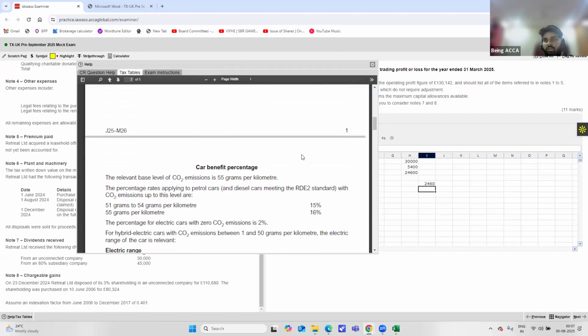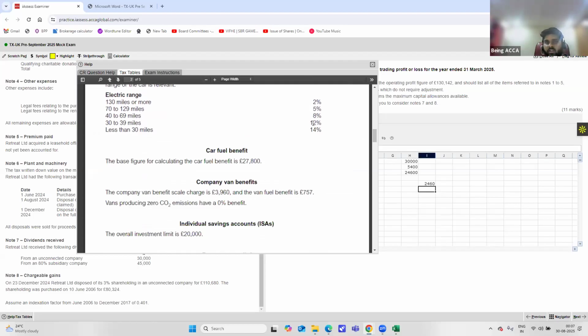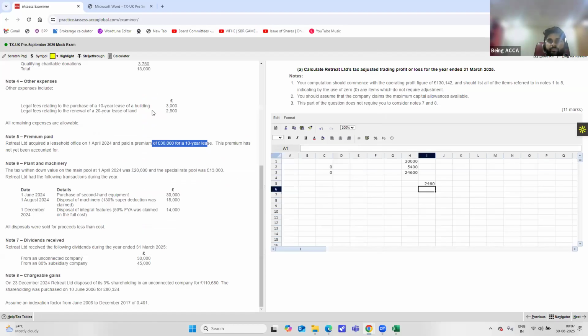You just have to know how to use it. Whenever you're preparing, my sincere suggestion is to keep looking at the tax tables when you're doing your computation, so that you get habituated to using them during the examination and reduce errors caused by small calculation mistakes or wrong percentages being used. Okay.